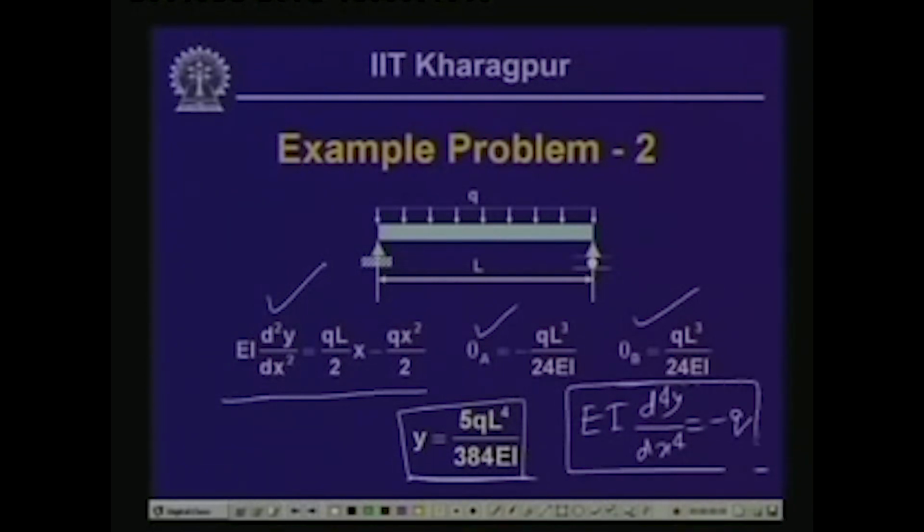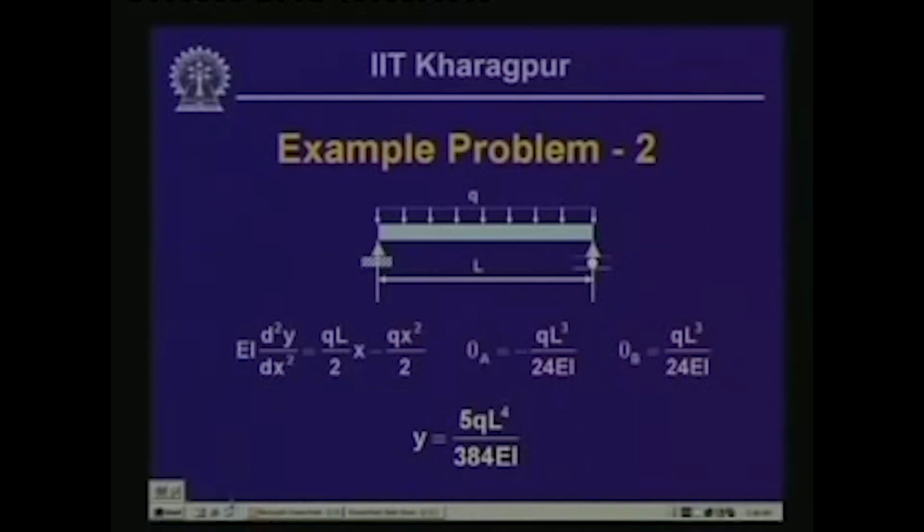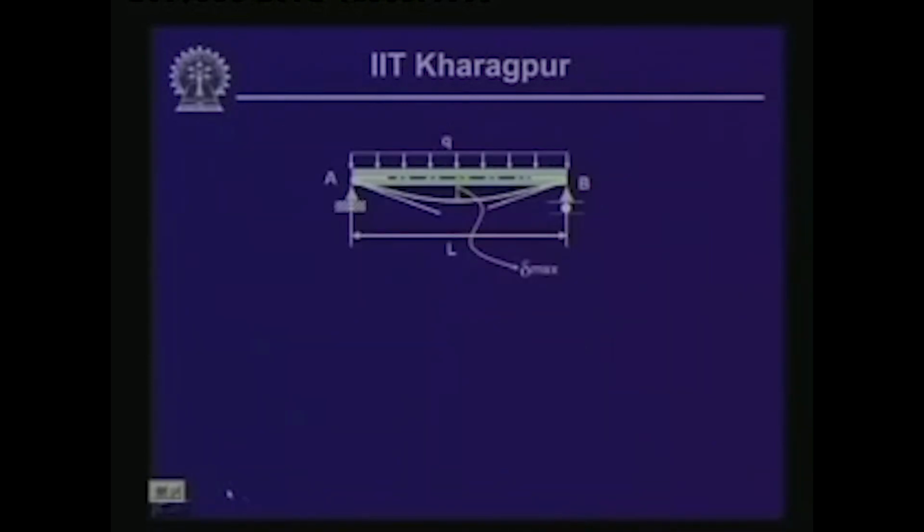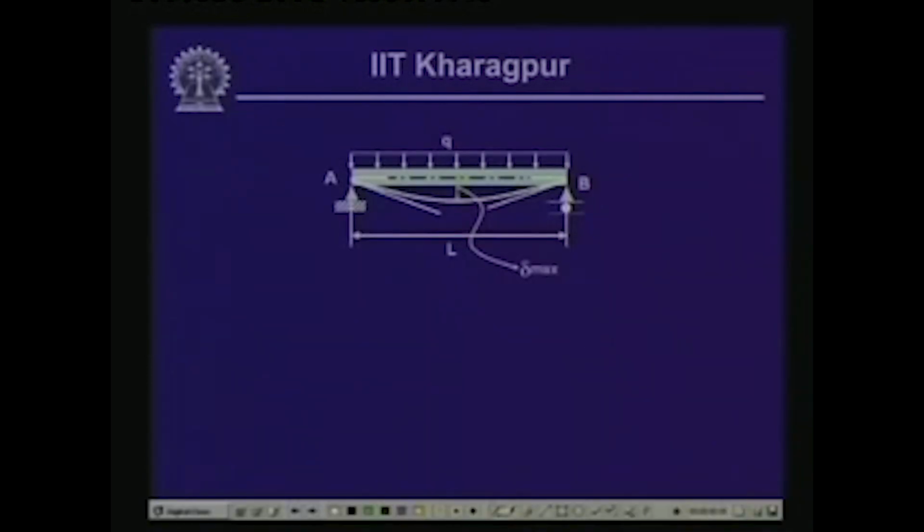We can start from this particular point as well, and arrive at the values of y and theta A and theta B. So, let us start from this expression of the differential equation and see what we get. We have EI d4y dx4 equals minus q.